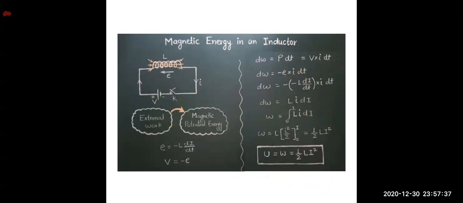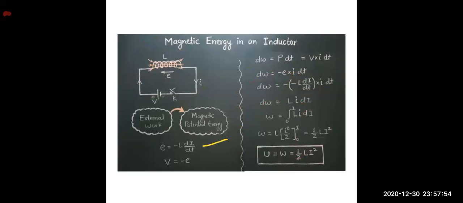Right, now we know the induced EMF magnitude is E equals minus L di by dt, where di by dt is the rate of change of current in the inductor.